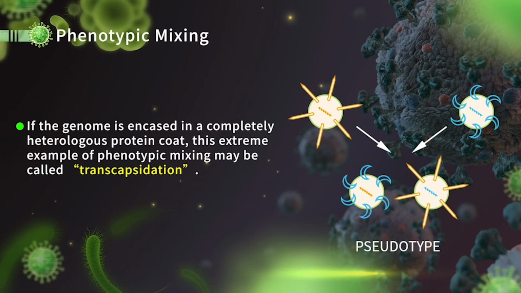If the genome is encased in a completely different protein coat, this extreme example of phenotypic mixing may be called transcapsidation. This progeny virus is also known as pseudotype.